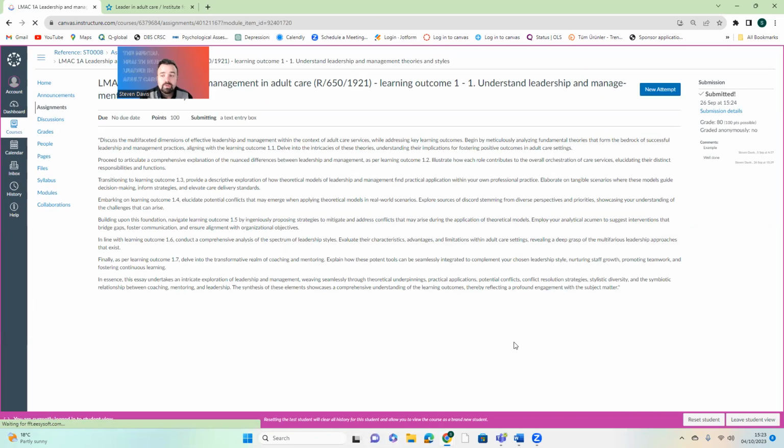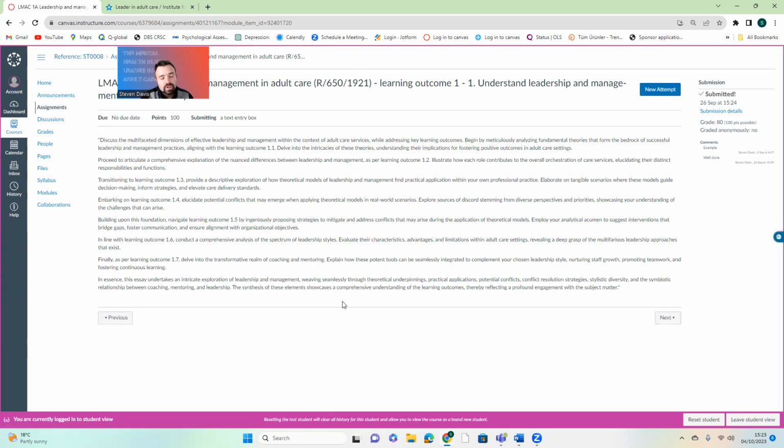So your first written account or your first essay here is to discuss the dimensions of effective leadership and management within context of your care service. You need to address the learning outcomes below, and you need to analyse fundamental theories as a bedrock of successful leadership and management practices, and align that to 1.1 down to 1.7.